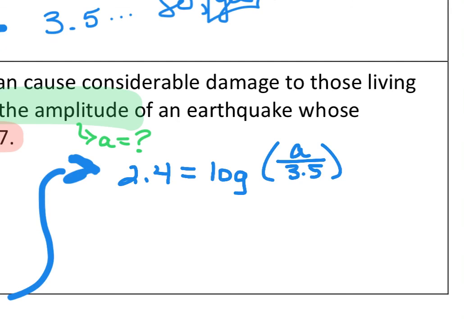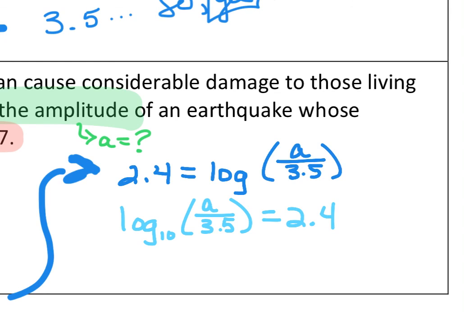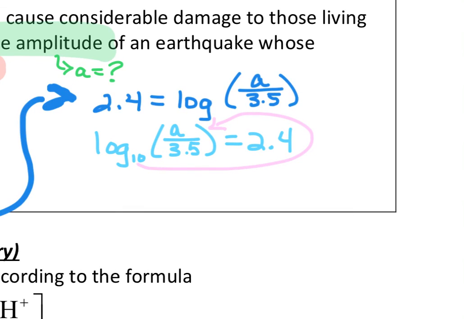Now, don't get thrown off here. I'm going to change colors for a second. If you need to, rewrite this with a base and with the logarithm over here on the left, because now you can just do a curly Q. 10 to the 2.4 power equals A over 3.5, and that's fairly easy to solve.